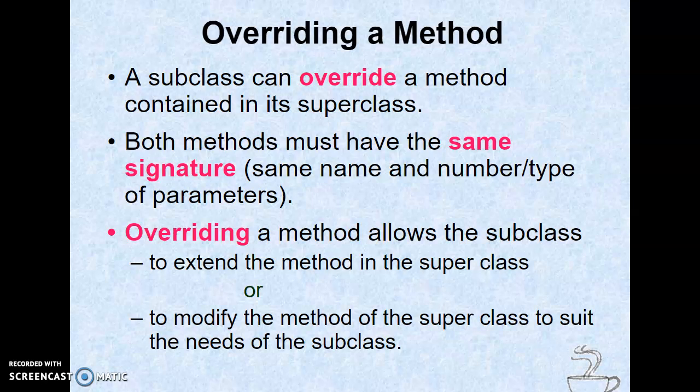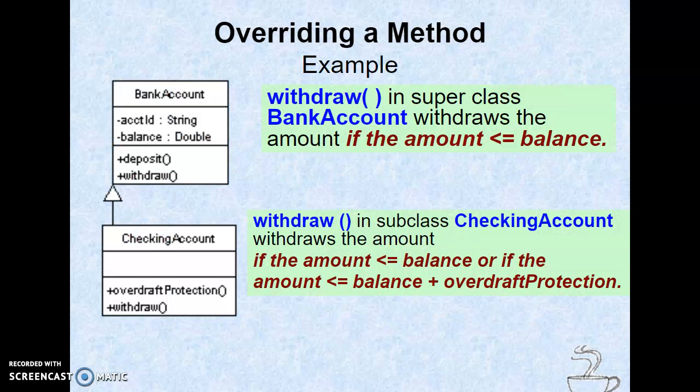Okay, so a subclass can override a method in its superclass. Both methods must have the same signature, so they have to have the same name and number and type of parameters. It allows the subclass to extend the method in the superclass or change it to suit the needs of whatever the subclass has. So let's say that in bank account, the superclass, withdraw withdraws the amount if the amount is less than or equal to balance.